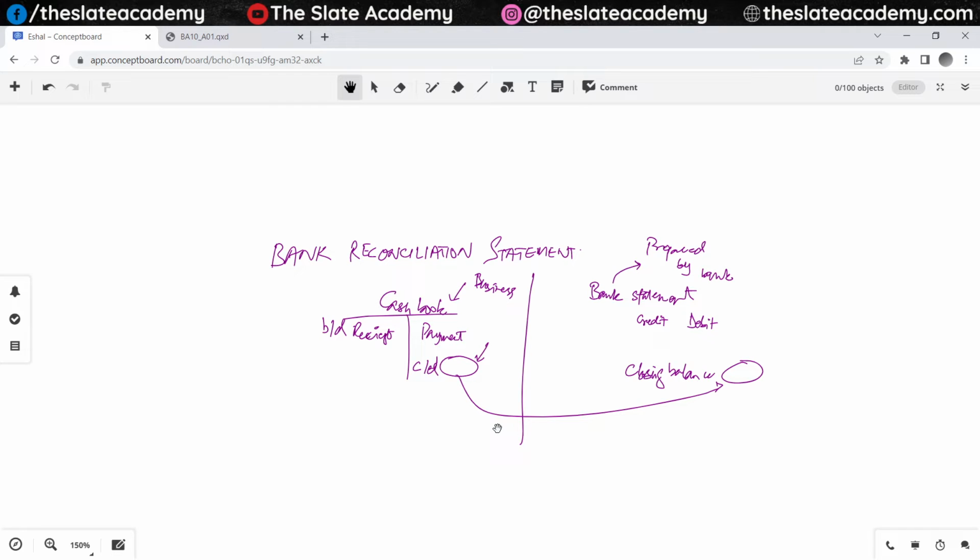Okay, so there are a few reasons that this balance mismatches. It could be that there have been certain transactions in the bank which I have not recorded. That is reason number one. So there are transactions recorded in the bank statement not recorded by the business.